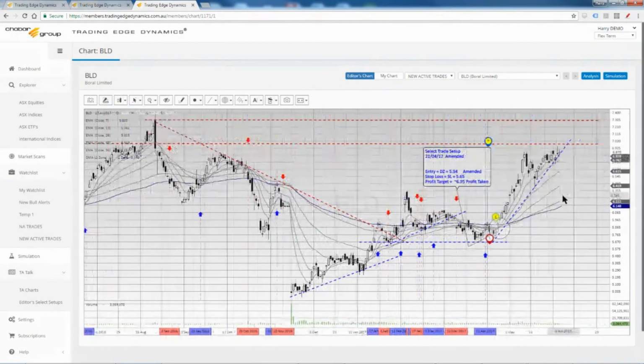We just hit the target. It actually didn't touch resistance, but it did trigger the exit at 695. So this trade may still carry on, and there's a second resistance up at a higher level, so it may still get to 730. We are keen to take profit out when we hit those targets and look for new trades.